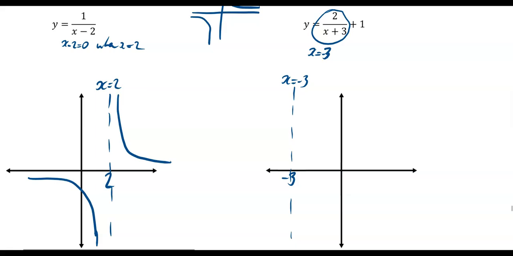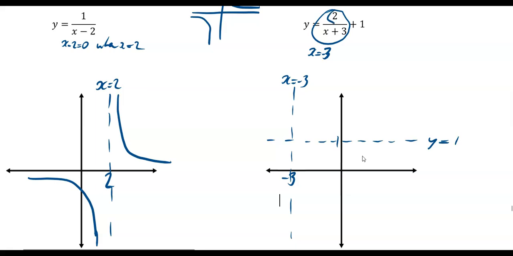And then if you just had this graph here, this graph that I've circled, 2 over x plus 3, and then you added 1 to it, what adding 1 to it would do would be shifting it up 1. So whereas in this graph the x-axis was an asymptote, I'm going to shift it up by 1. And now my line y equals 1 is going to be an asymptote as well.